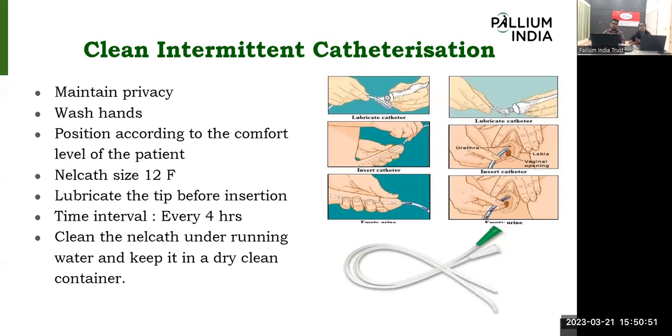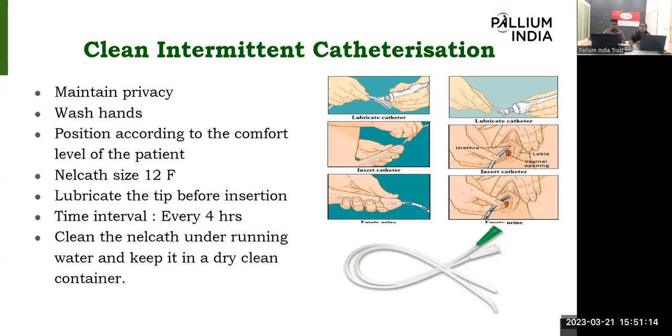But after that, young patients usually are not willing to continue with the indwelling catheter, so we can train the patient in self-intermittent catheterization. The thing is, we have to train the bladder first.